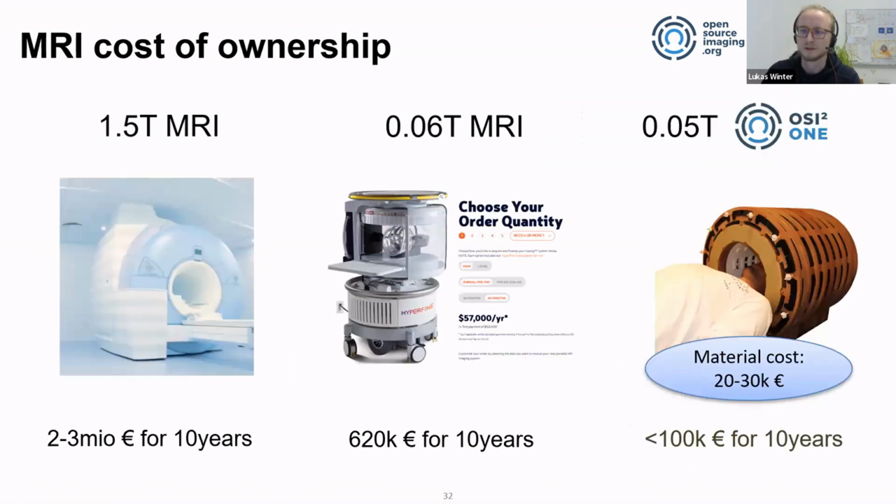And to show you an example of the cost of ownership for MRI, you have here these 1.5 T MR systems. If you take the cost over 10 years, it's not only that you buy the MRI, which is maybe a million or a little bit more, but you also have to operate it. So you also pay for this, maybe some 10% of the purchasing price.